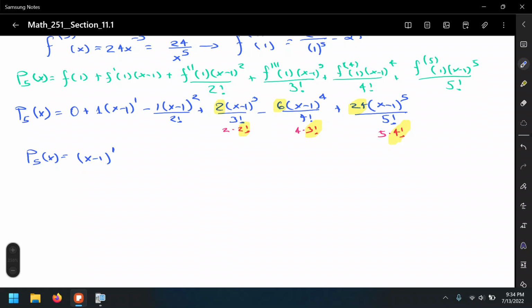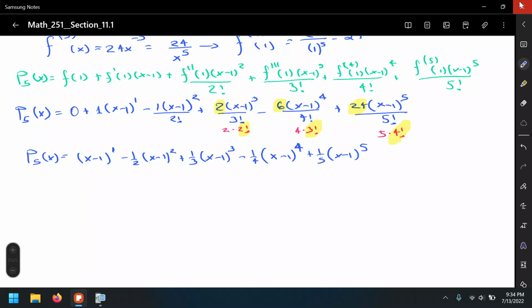I'm going to keep writing that 1, minus 1/2 x minus 1 squared, plus 1/3 x minus 1 cubed, minus 1/4 x minus 1 to the 4th, plus 1/5 x minus 1 to the 5th power. All right, so that's our 5th degree approximation to the function ln of x centered at 1.